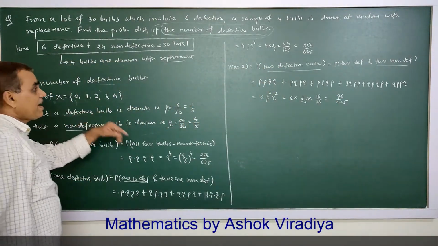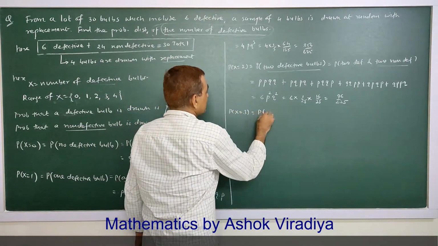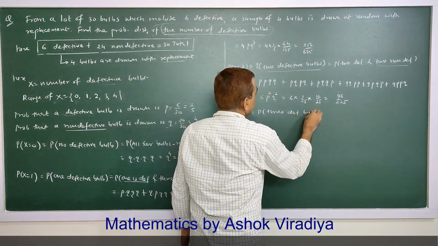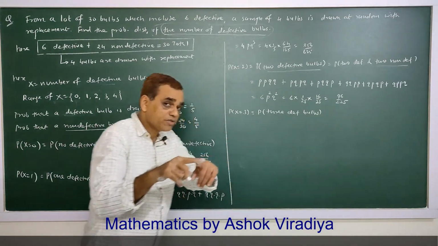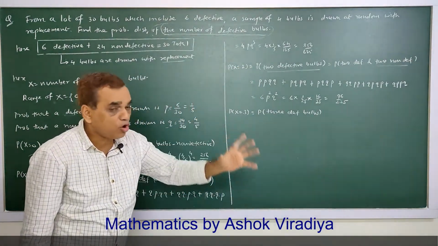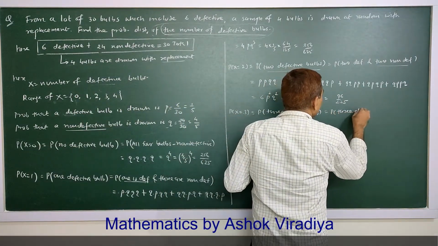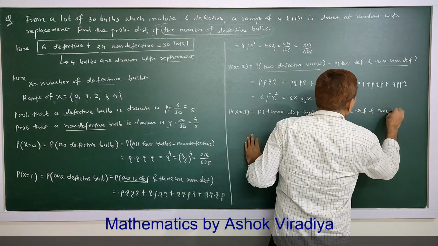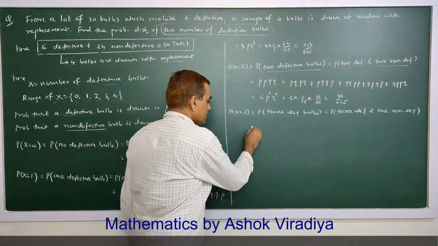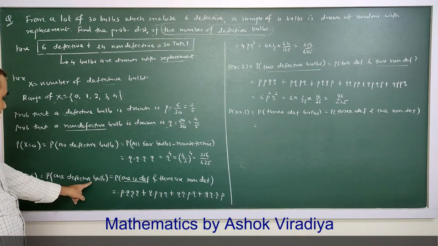Then 3 defective bulbs. 3 defective bulbs means the remaining 1 must be non-defective. That means the probability that 3 are defective and 1 is non-defective. So the pattern will be like this.